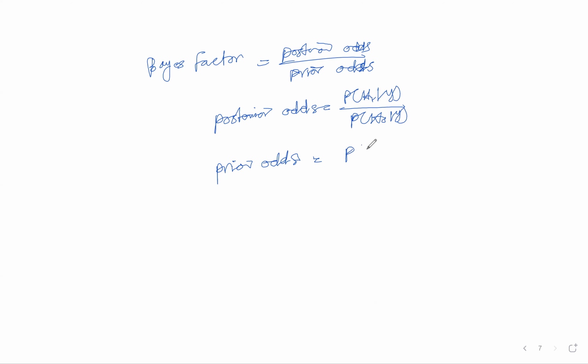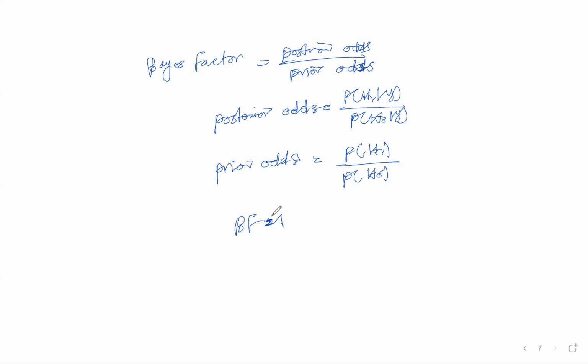Calculate the probability of H1 before you collect data, divided by the probability of H0 before you collect data. And then you divide the posterior odds by the prior odds, and you get something called the Bayes factor.